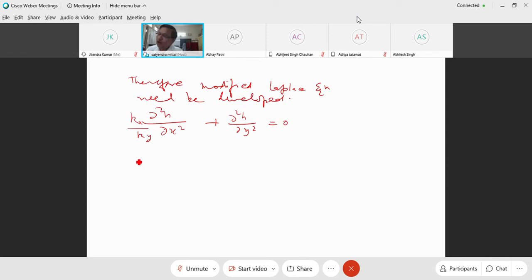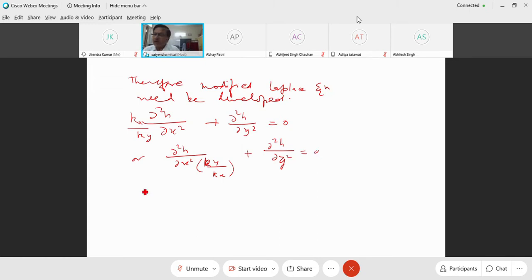Or we can say del 2h upon del x square into Kx upon Ky plus del 2h upon del y square is equal to 0.